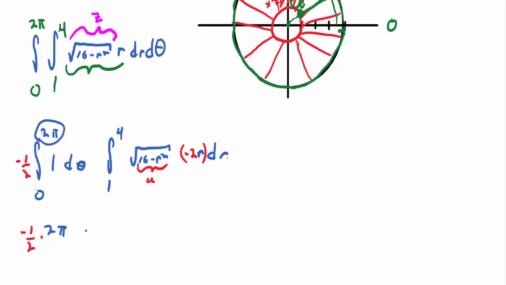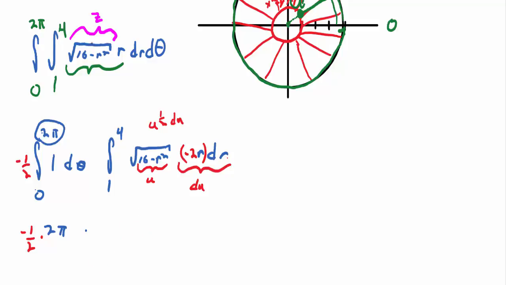Make sense? And then we can think of this whole thing as u to the 1/2 du, because that's what this is. This is du. And you don't have to actually make the substitution. This is actually way easier than going through and actually making the substitution. Once you get used to it, it's easier. It's a little scary at first. Okay, you integrate essentially u to the 1/2 du.